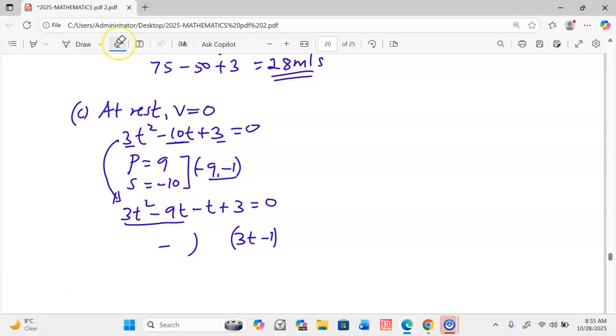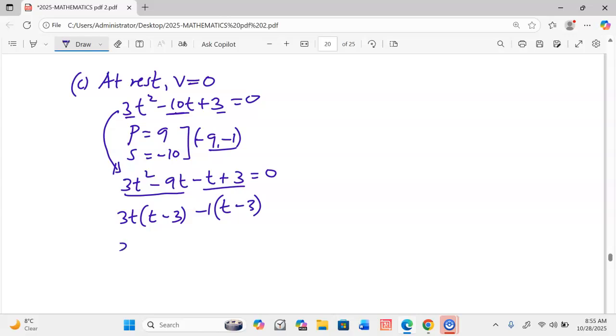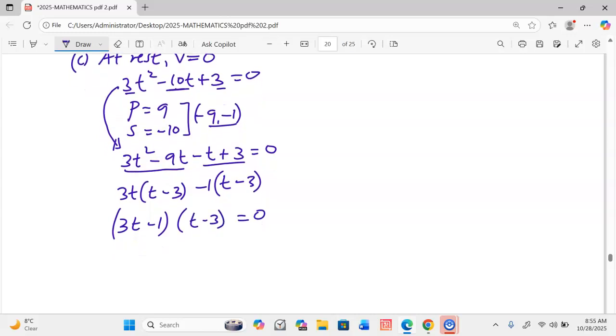Between 3t squared and minus 9t, 3t is common, so inside we are going to have t minus 3. Then this one is also going to be t minus 3. That is the second part. We place negative 1 outside. And therefore this one is going to be 3t minus 1 and t minus 3, and this is equated to 0.